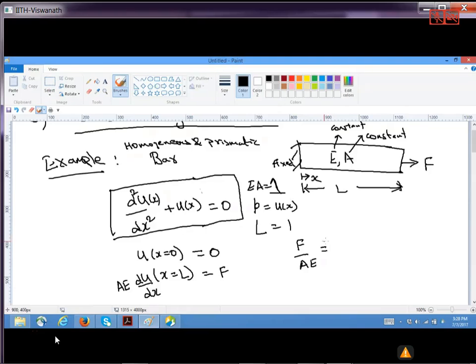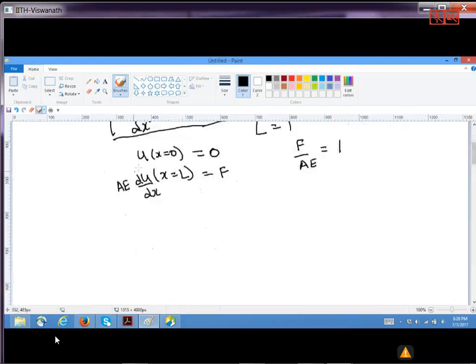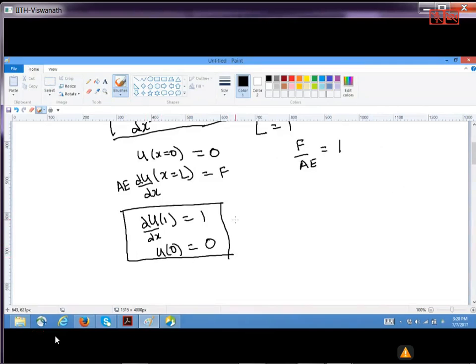Let me call it 1. There is no harm in assuming such things. So du by dx at 1 is equal to 1, and u of 0 is equal to 0.